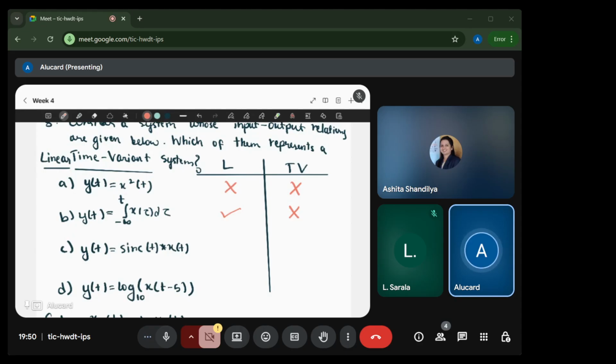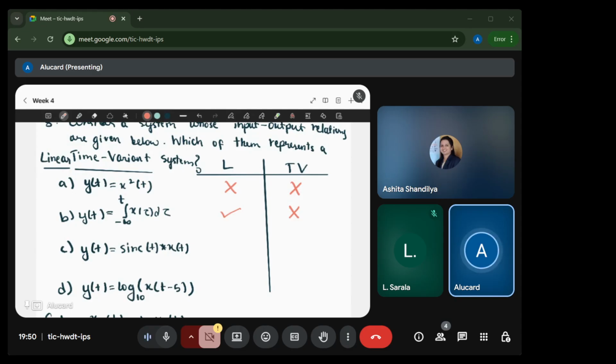The next system, y of t is log of x of t minus 5. Since you're taking the log of the signal, if you add two signals and give that as the input, then we'll get log of the sum of those signals.